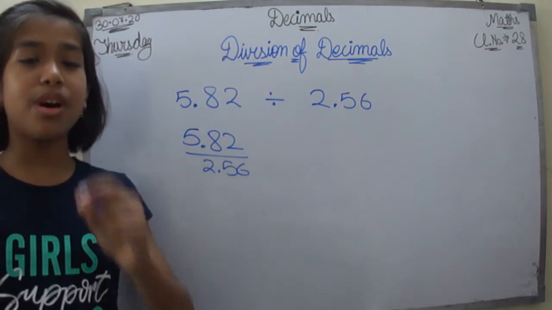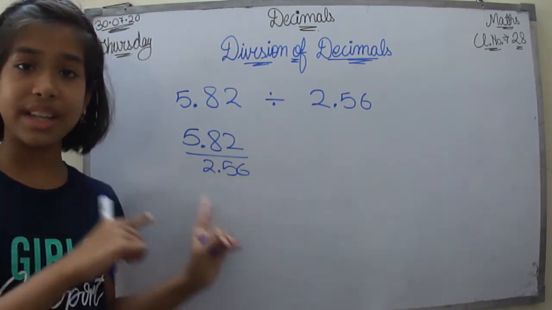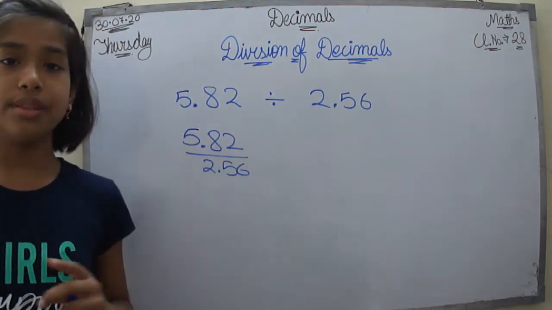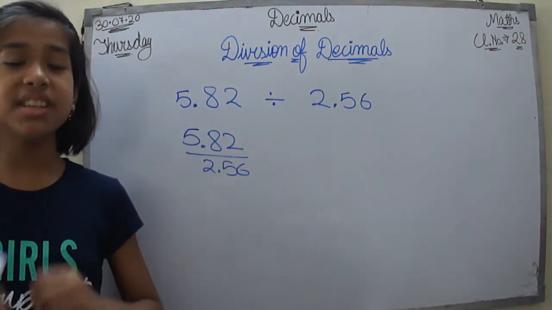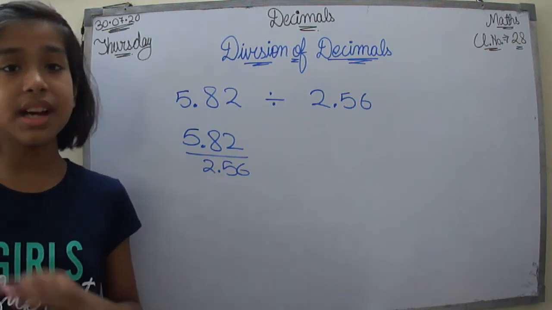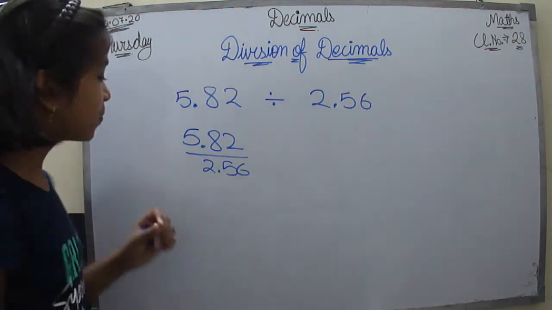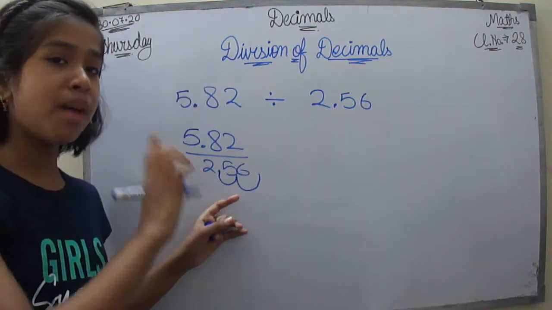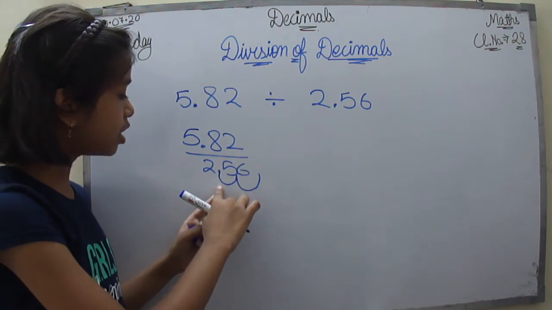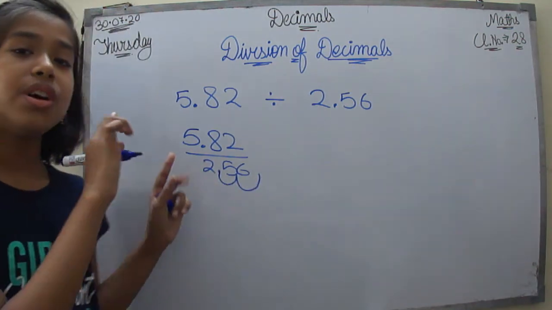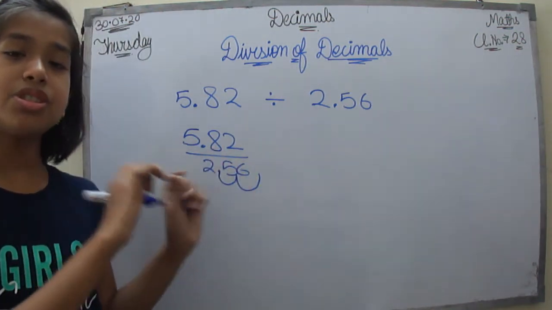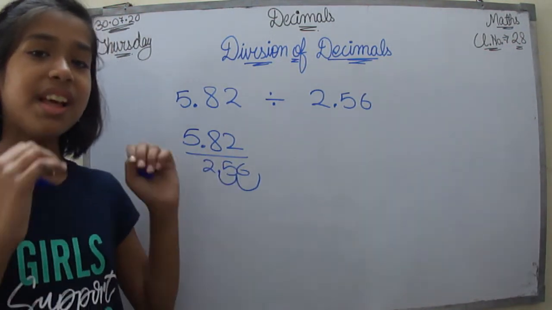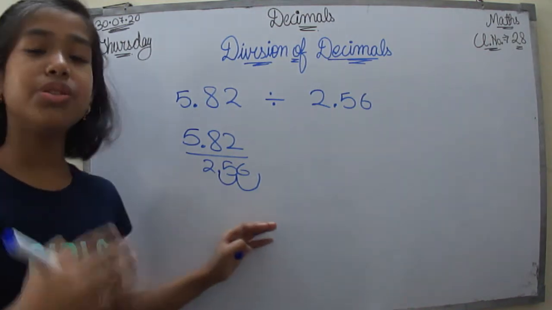That is the rule of the fraction, because otherwise we will be changing the value of this question, and because of that the answer will be wrong. So whatever we do here, we have to do at the top. Here we have to shift two places, the decimal point two places to the right.